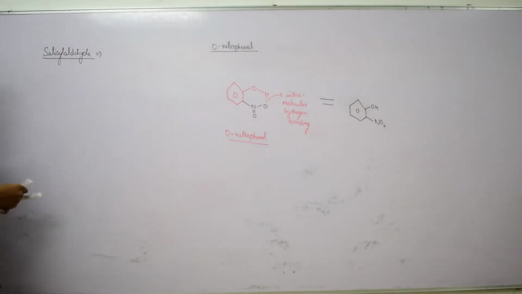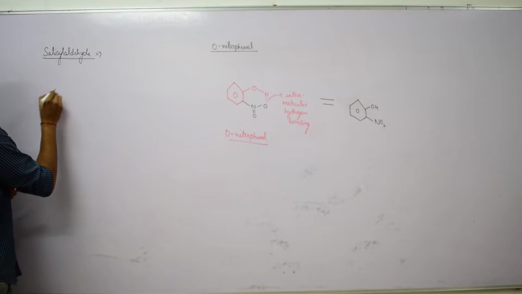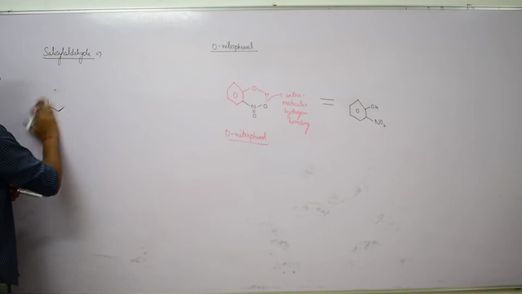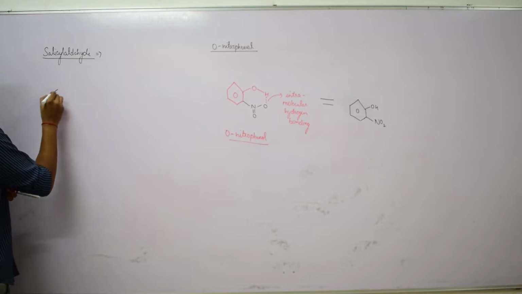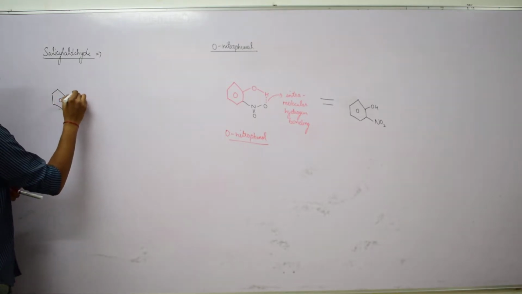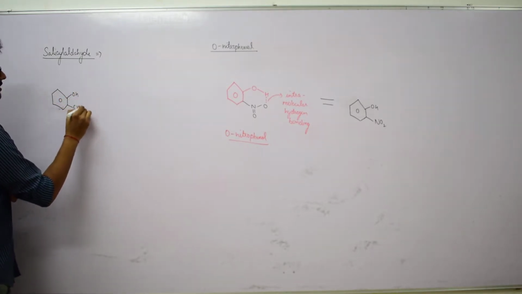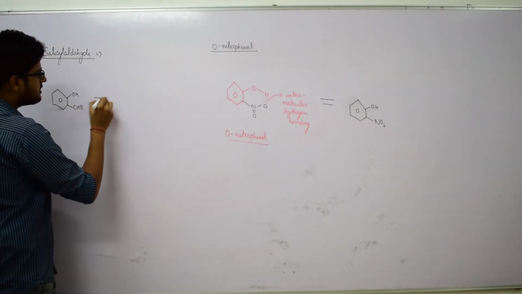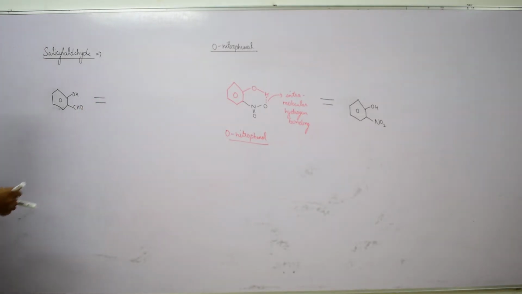If I draw a general diagram, the general structure of salicylic is this, and it possesses intramolecular hydrogen bonding.